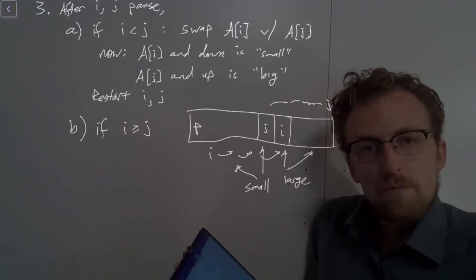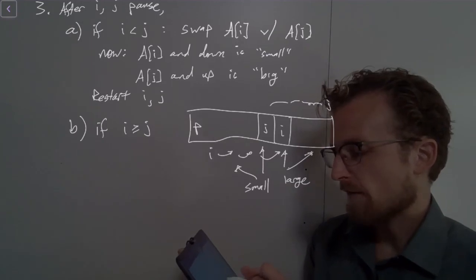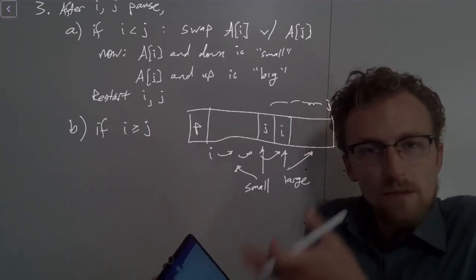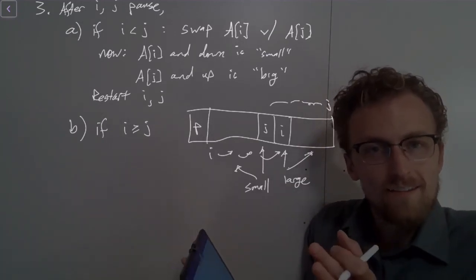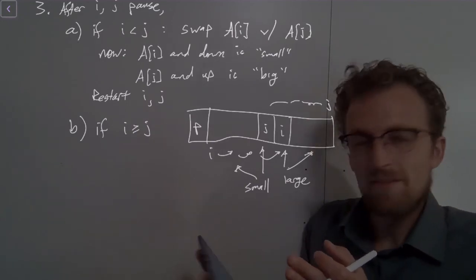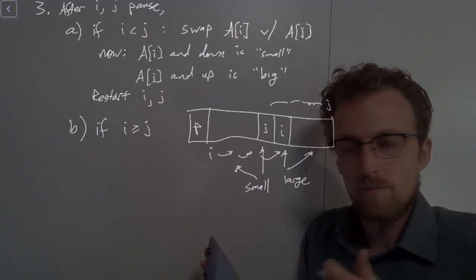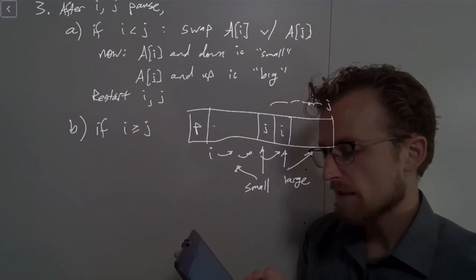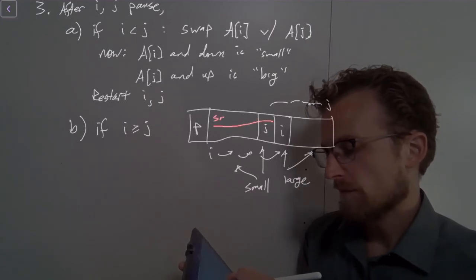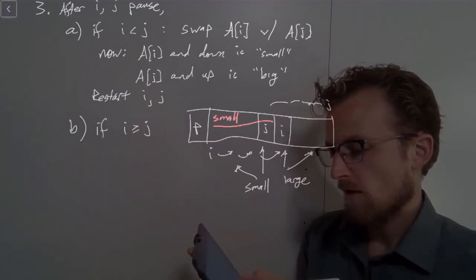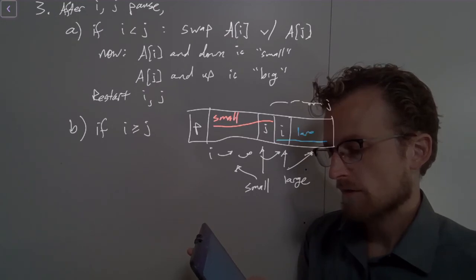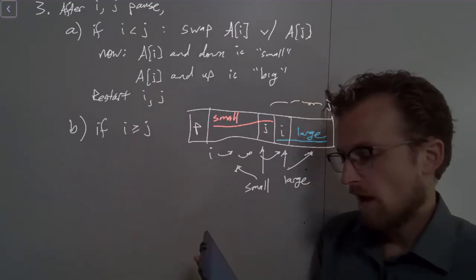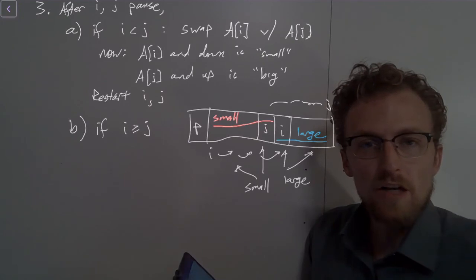So now what does this mean? This means that everything between P and i is where it needs to be, and everything between i and the end is where it needs to be. It means that all of this is small, and all of this is large. And so now we just put P where it needs to go, and we're done.